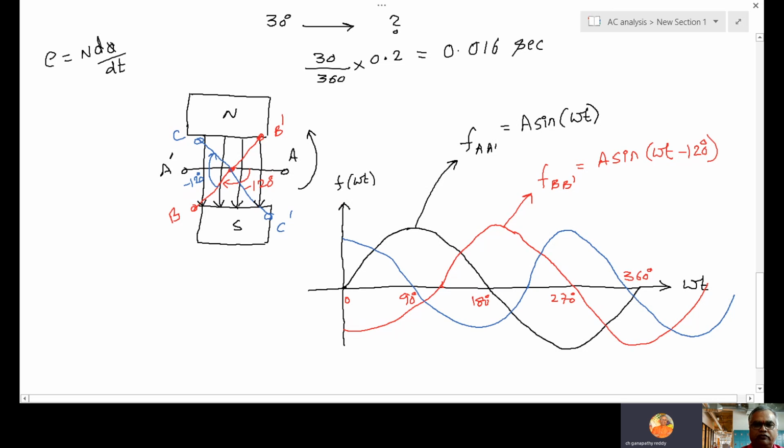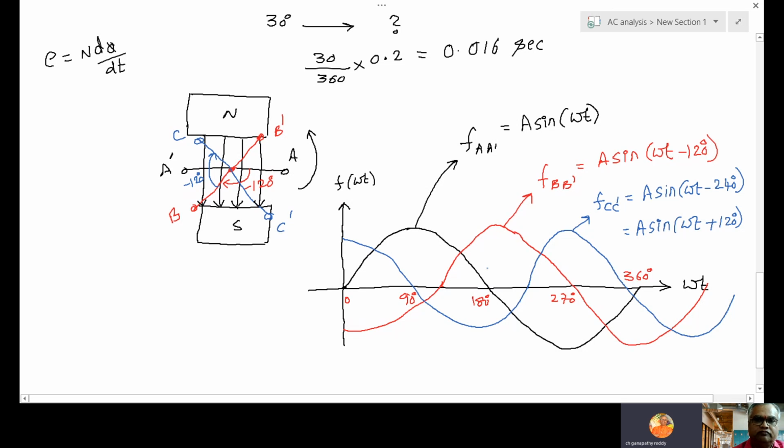So this is the third waveform. F of C C dash equal to A sin omega t minus 240 degrees. We can also write it as A sin omega t plus 120. Both are equal.